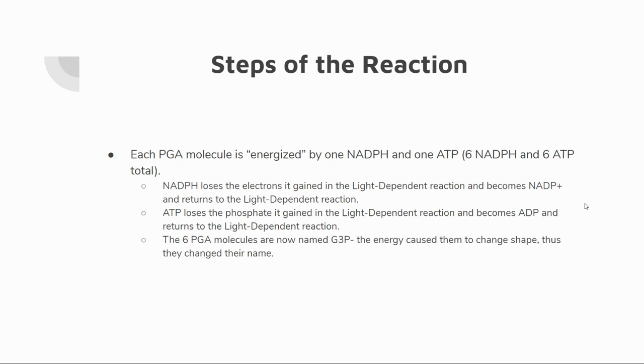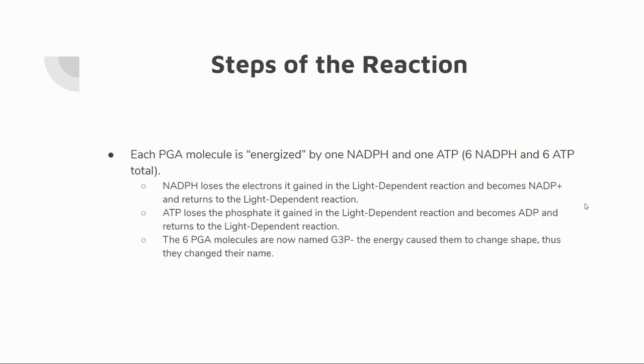Each PGA molecule is energized by 1 NADPH and 1 ATP. So if there are 6 PGAs, then in total from the light-dependent reaction we're going to need 6 NADPHs and 6 ATPs. NADPH loses the electrons it gained from the light-dependent reaction and becomes NADP+.